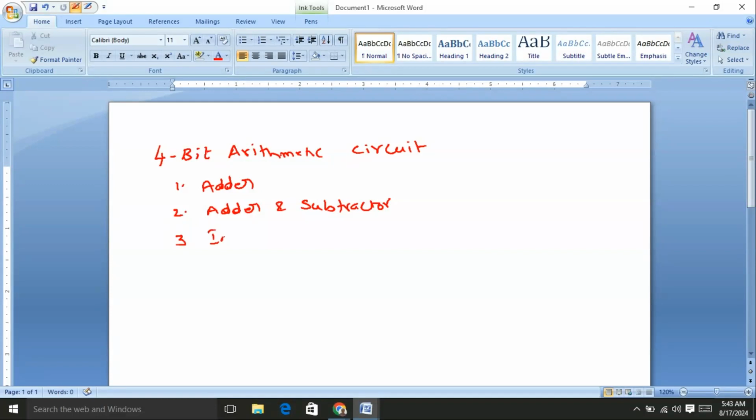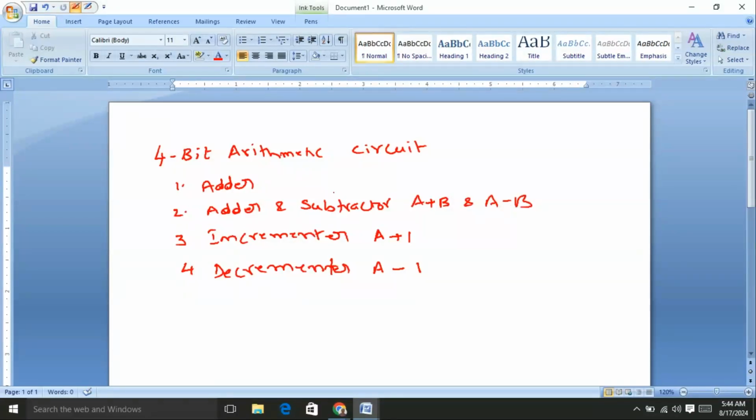Then an increment circuit, the incrementer, and also a decrement circuit to perform the decrement operation, the decrementer. Increment means the content A plus 1, and decrement means the content A minus 1. The subtractor performs both addition and subtraction, and the adder can perform only addition, right?